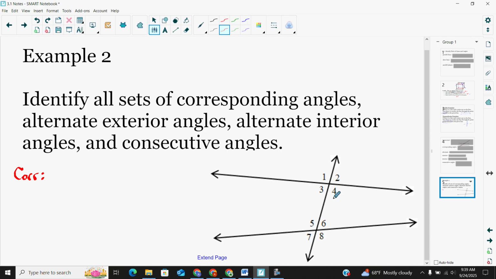Transversal cuts through those two lines. It intersects them at two different places. Corresponding angles, same spot. So angle 1 and angle 5. Notice 1 and 5 are both on the top left. You find the rest of them. Top right would be 2 and 6. 3 and 7. 4 and 8.